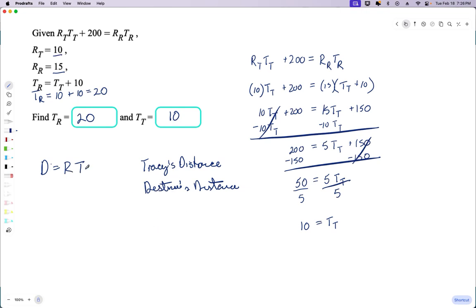I can't just say RT, RT. So that is why for Destiny's distance, we would say the rate of Destiny times the time of Destiny. And for the distance of Miss Tracy, we'd say the rate of Tracy times the time of Tracy. That way we can have both of these in the same problem to compare them, but we don't get confused as to which one is which.